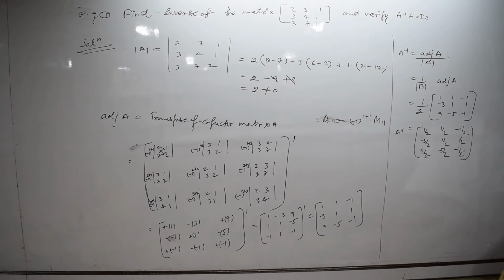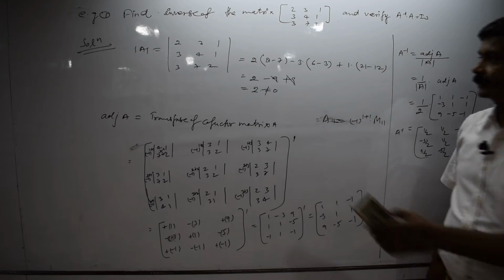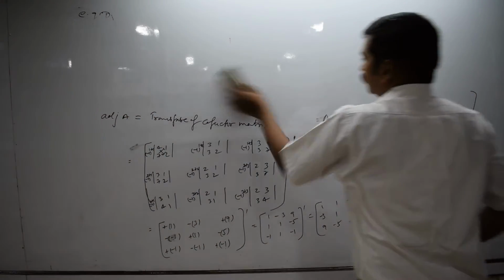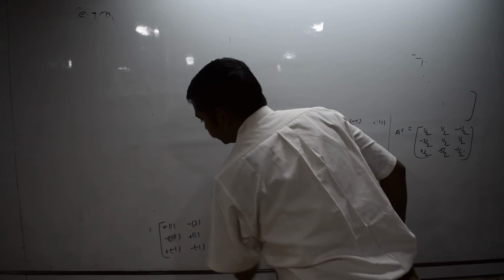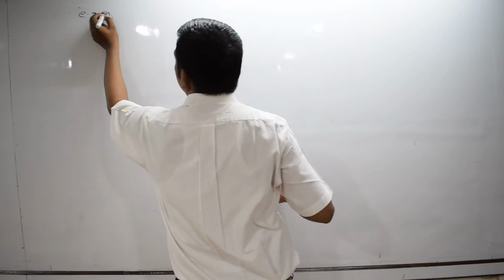Now, we take another example related to inverse of matrices. If A and B are two matrices, then we want to prove the reversal law. That means (A dot B) power minus 1, (AB) inverse equals B inverse A inverse.